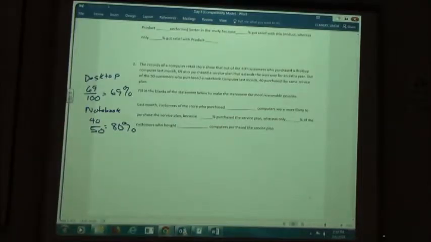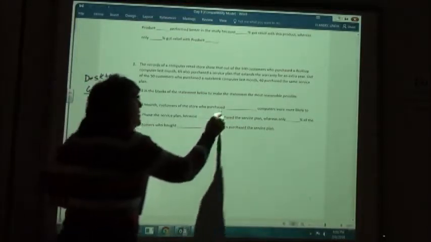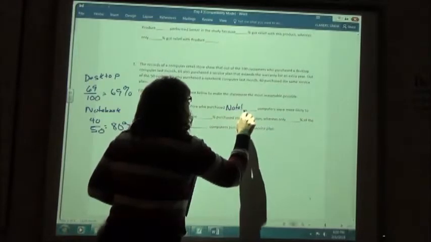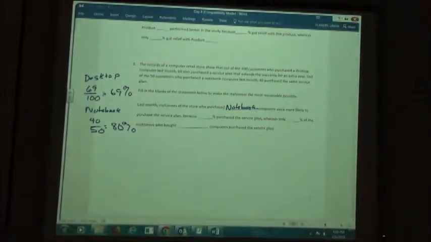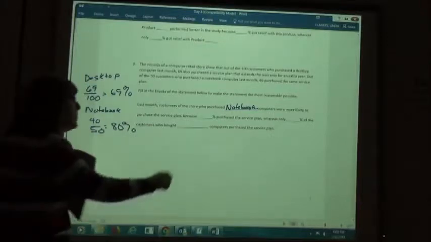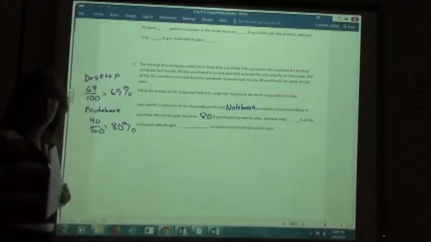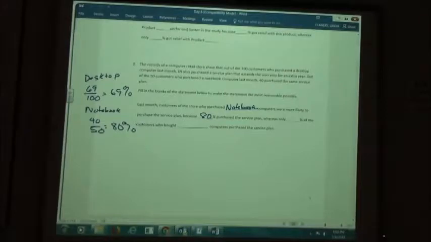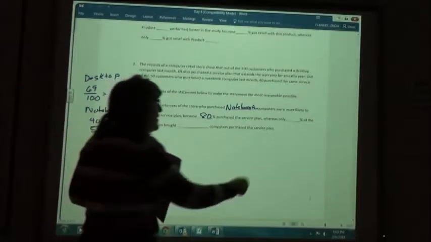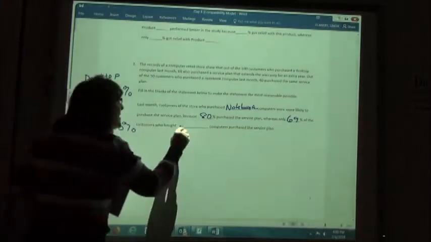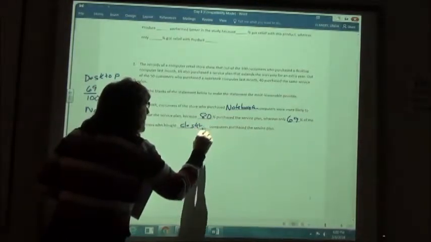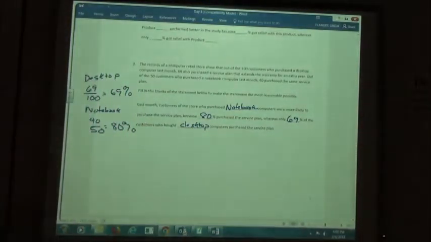So, which purchasers were more likely to purchase the service plan? The people who bought the notebook computers, right? The notebook purchasers were more likely to purchase the service plan because 80% of them bought the service plan, whereas only 69% of the customers who bought the desktop computers purchased the service plan.